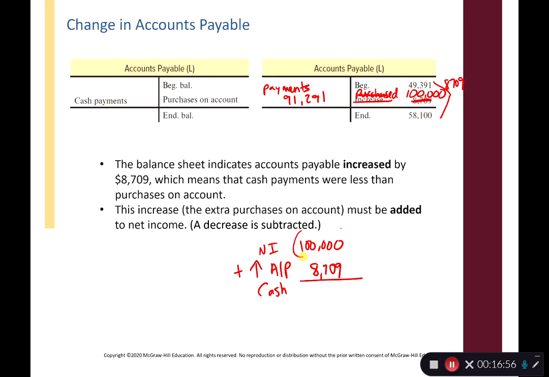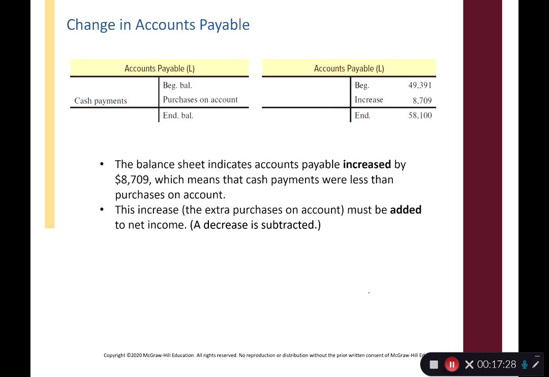First, the net income effect is negative because when we purchase things, that decreases our net income. It increases our expenses. And then we add the $8,709 and we arrive at $91,291. It's negative because it's a cash outflow. So with liabilities, they are affected by expenses. The expenses decrease net income, so we're converting the expense effect to the cash effect. And that's again why AULS works.